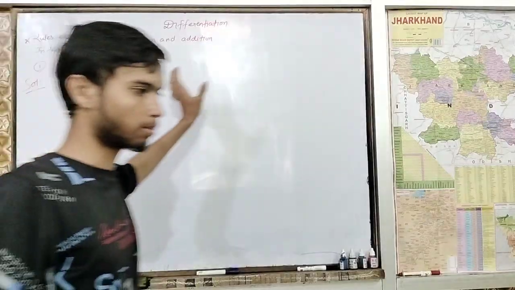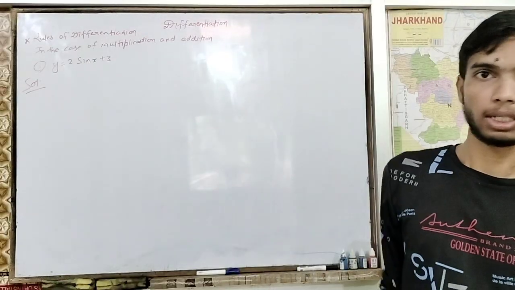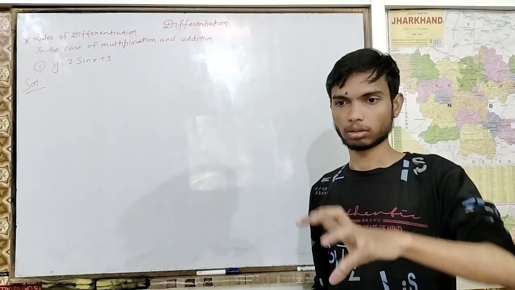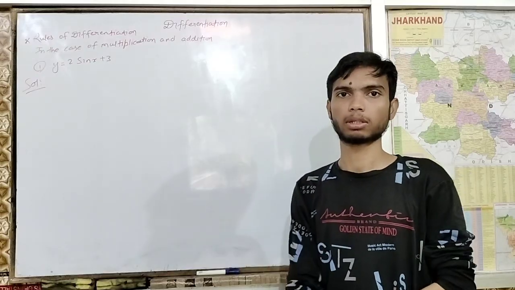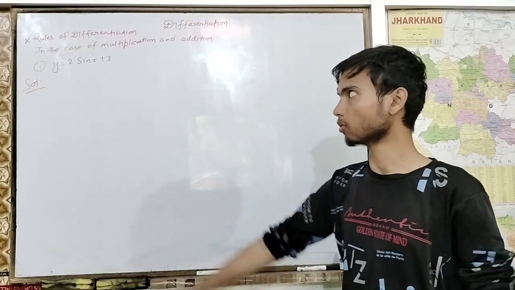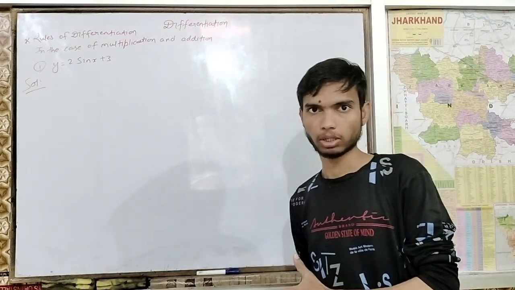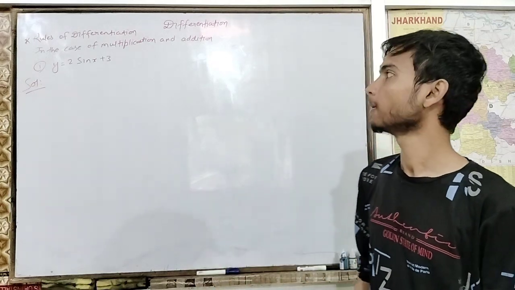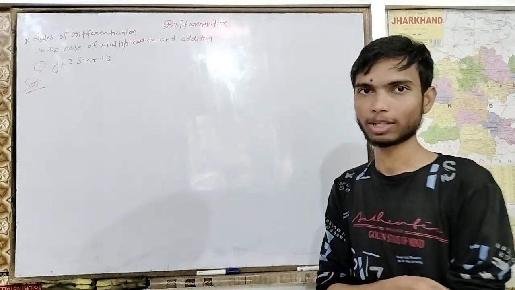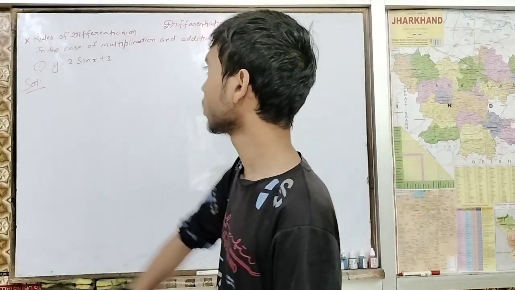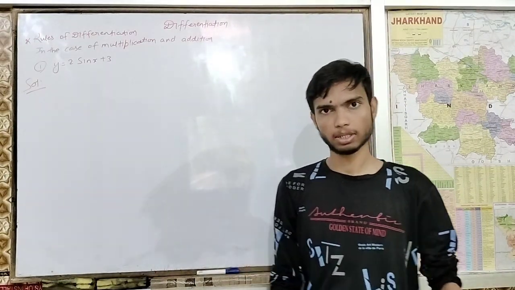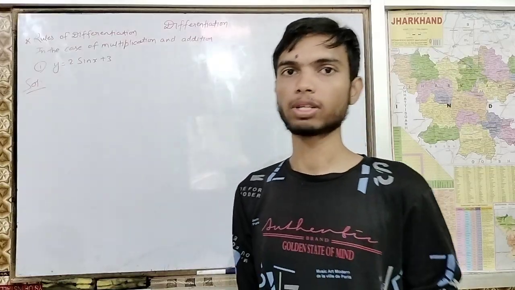It is a graph, but here we are going to solve it in mathematics rather than drawing a graph. There are two ways to solve this. First is through graph and second is through mathematics. So here through mathematics we are solving. Equation y is 2 sin x plus b, and how to differentiate it?